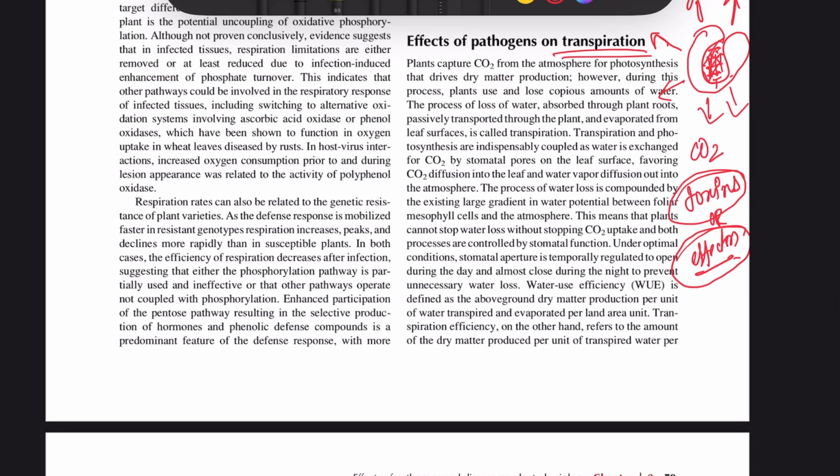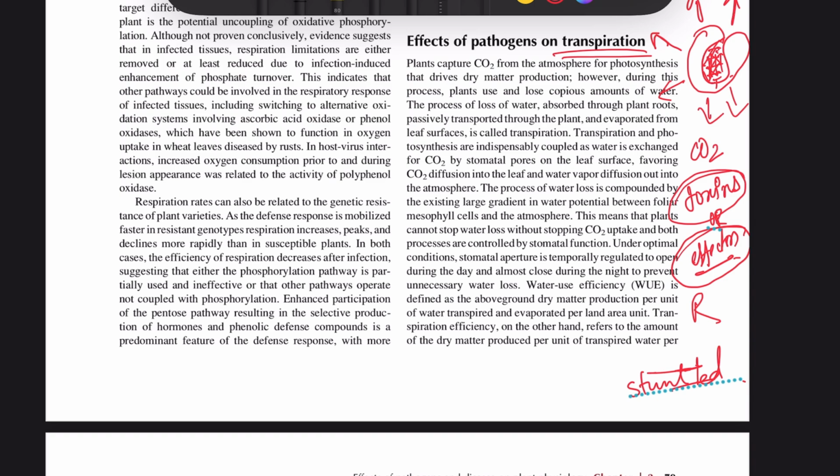So what happens in resistant plants? Stomata may get locked shut to stop infection. This can also slow down photosynthesis and reduce growth. So we can see so many plants which are stunted. Many resistant plants are obviously beneficial because many pathogens cannot attack them, but there are so many side effects also, right?